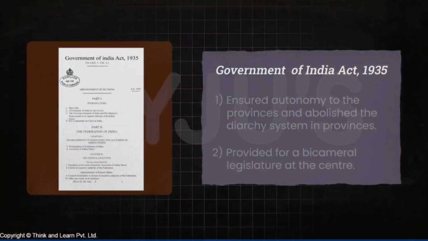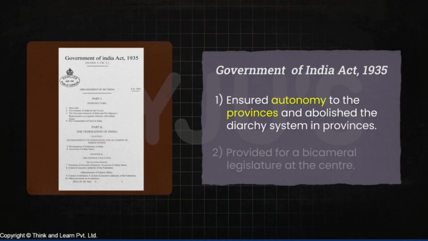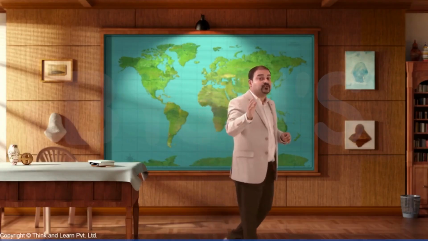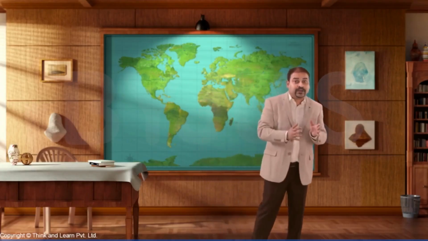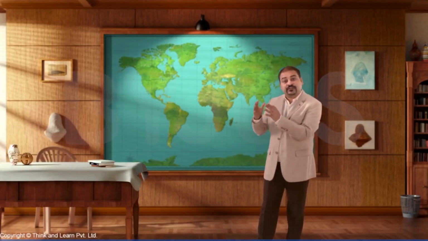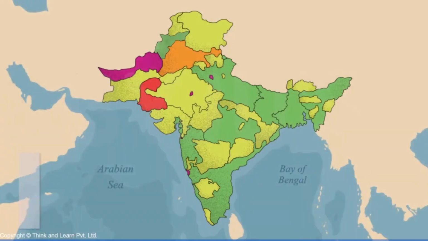The Government of India Act 1935 ensured autonomy to the provinces and abolished the diarchy system in the provinces, and also provided for a bicameral legislature at the center. Congress, however, demanded convening a constituent assembly to draft a constitution for an independent India based on universal adult franchise, and rejected this particular proposal.